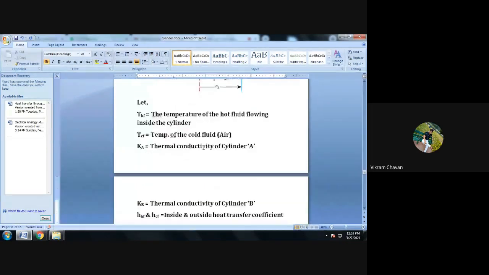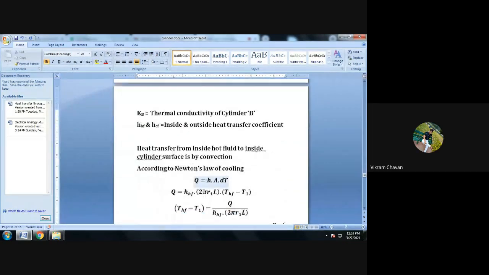So we have written area is equal to 2 pi R1 L multiplied by the temperature difference between the hot fluid and the internal surface temperature of cylinder A. The hot fluid temperature is T suffix HF minus the internal surface temperature of cylinder A, which is T1.